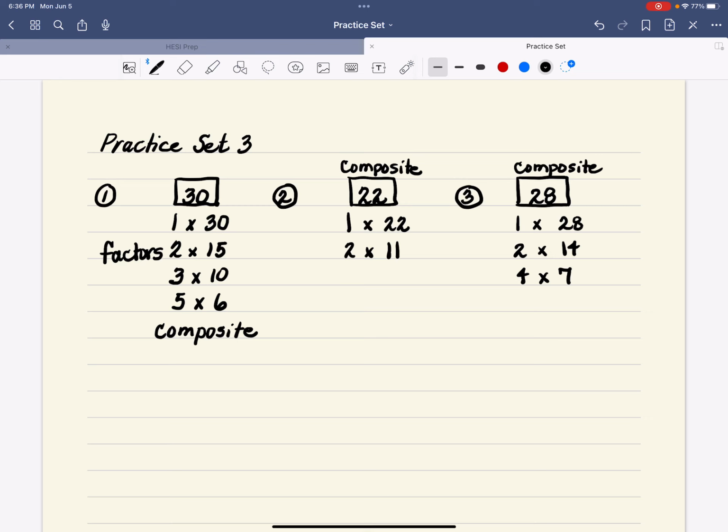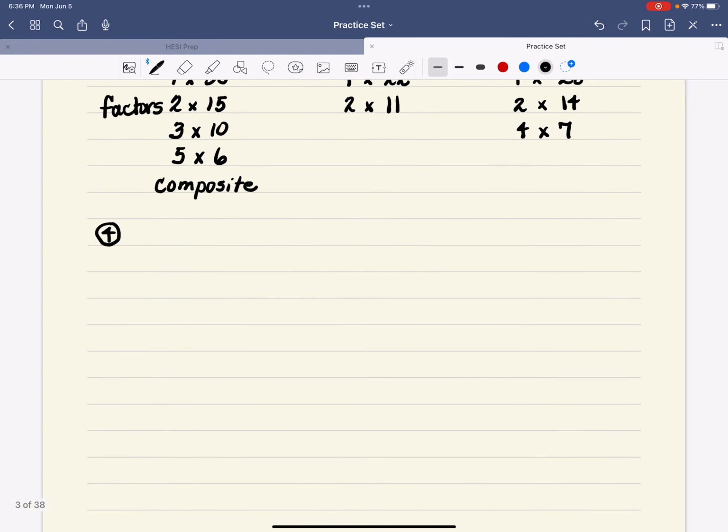So that is also a composite number. Number 4, I have 16. So we have 1 times 16, 2 times 8, and 4 times 4, making this a composite number.